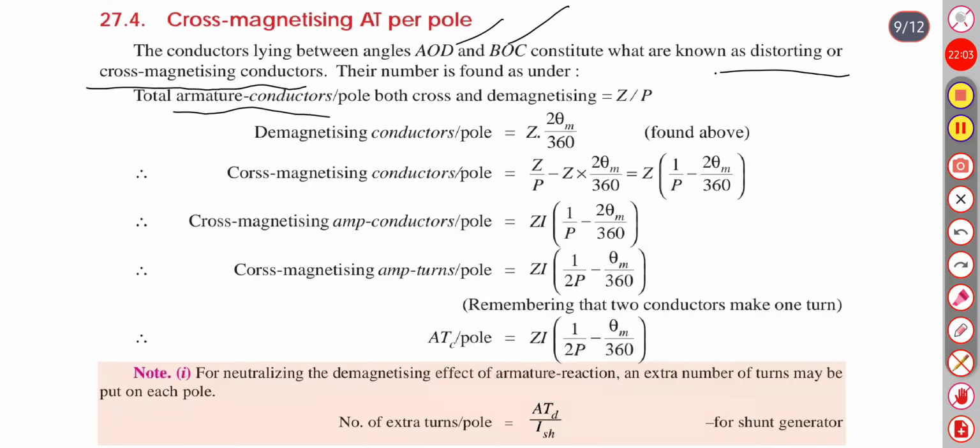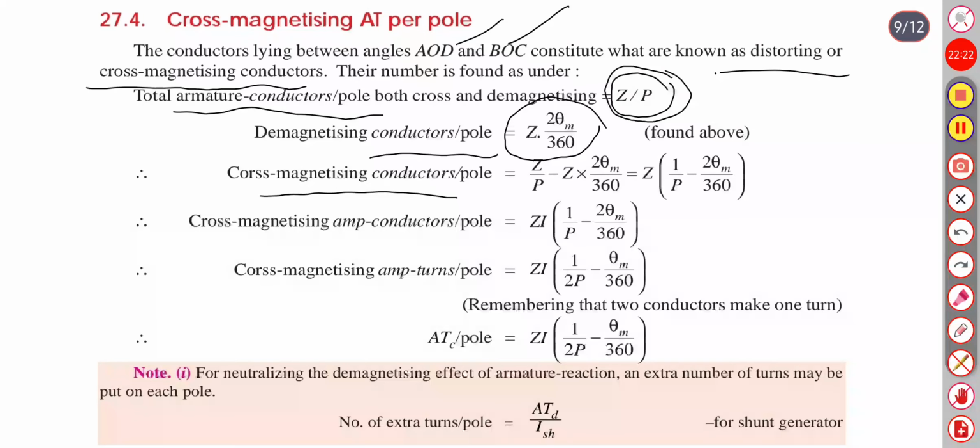Total armature conductors per pole will be Z upon P. Demagnetizing conductors per pole are Z into 2 theta m upon 360. We have to subtract this from the total number of conductors per pole.